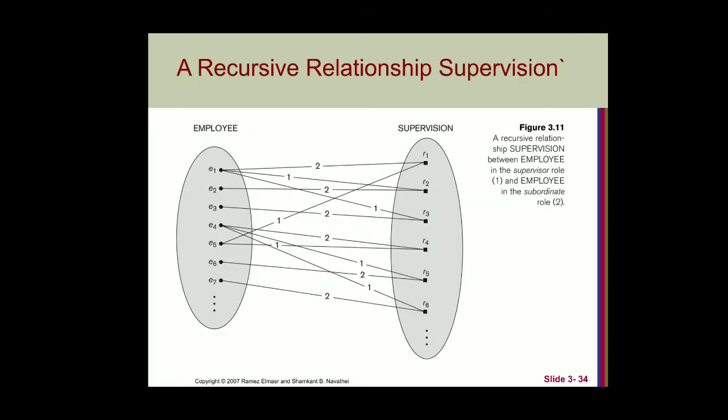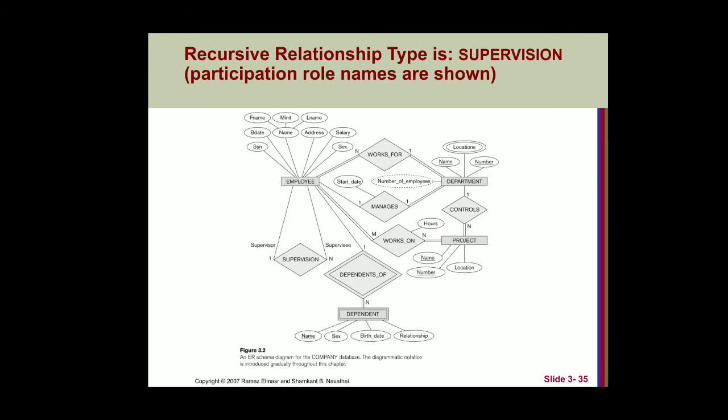Okay, you can see over here we have the employee table and we have supervision as the relationship type, right? So this is how a recursive relationship type is explained in terms of an ER diagram. Here you can see employee supervision.